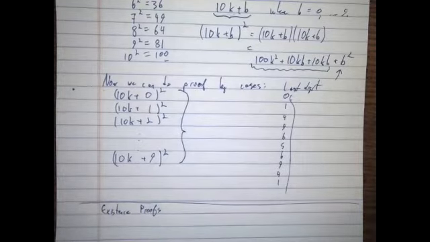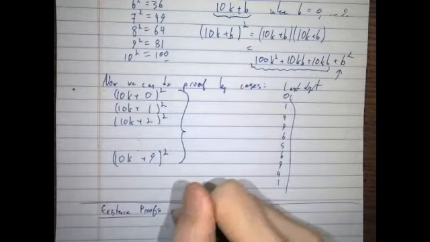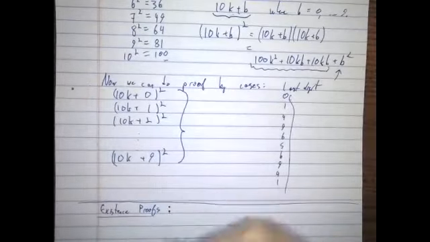Okay, so existence proofs. It's a very common thing in mathematics that we want to prove that a certain object exists and possibly that it's unique. So first I want to talk about existence of objects and how we approach these proofs. There are two kinds of ways of showing existence.